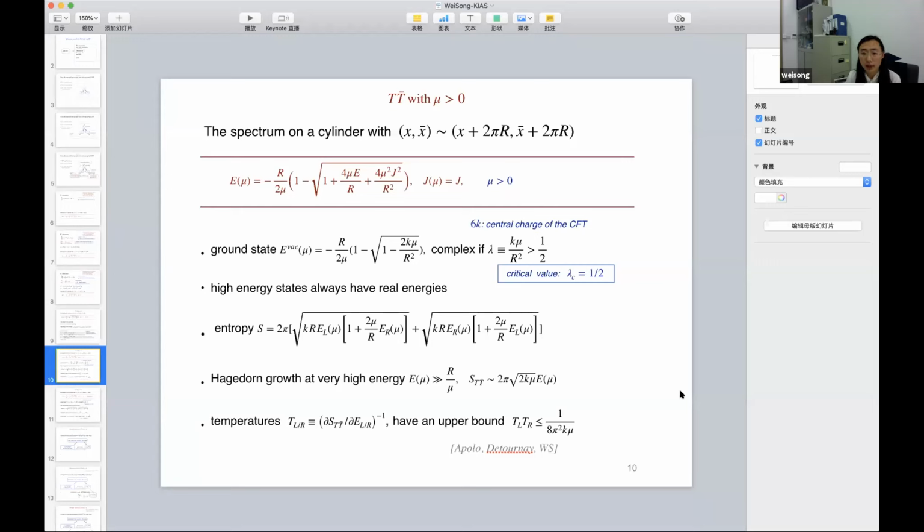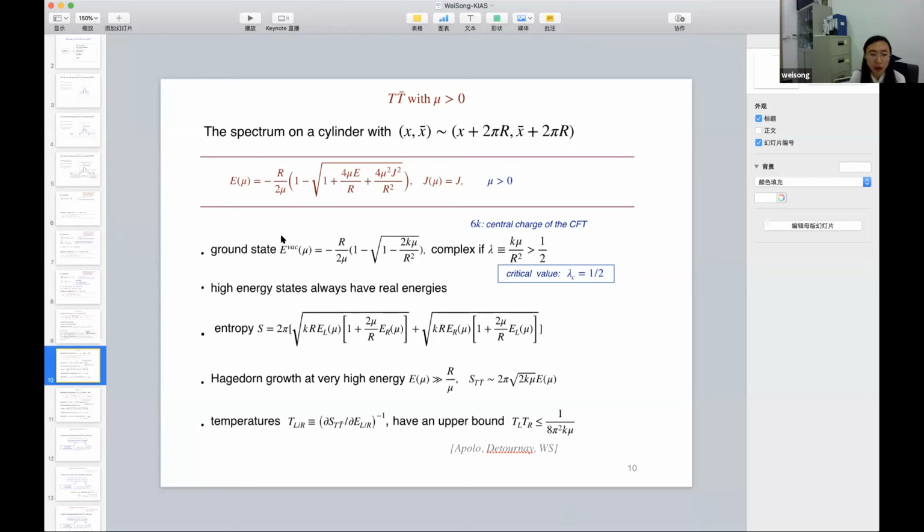So in this other choice of the TTbar deformation, there is a critical value for the deformation parameter, by some combination, it is the number of a half.